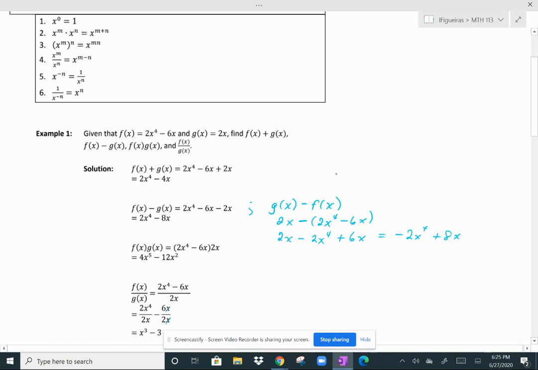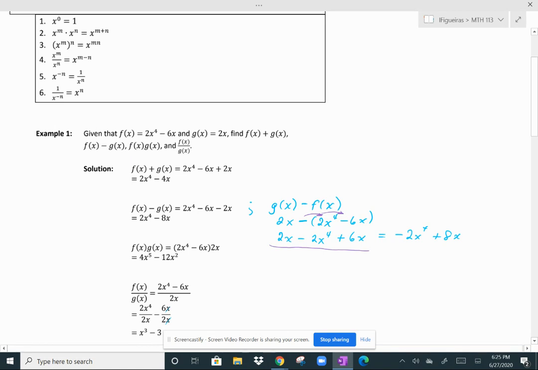If I had done it in the opposite order, like I did here on the right, if I did g of x minus f of x, well, there we would have had to do a little bit more work because the minus would have to get distributed across these 2 terms in f of x, because that's a binomial. So when you do, that's what you get here, 2x minus 2x to the 4th plus 6x.